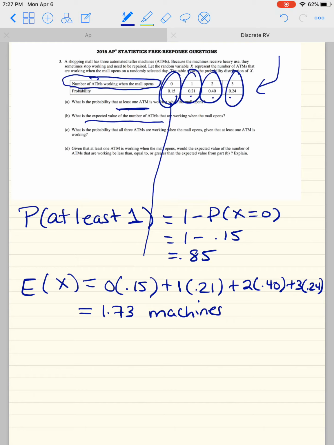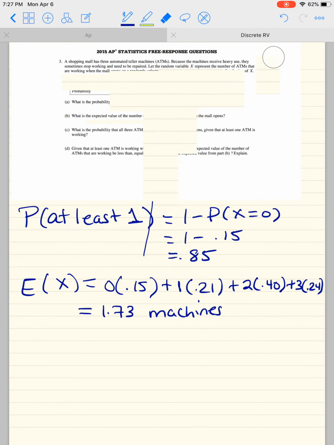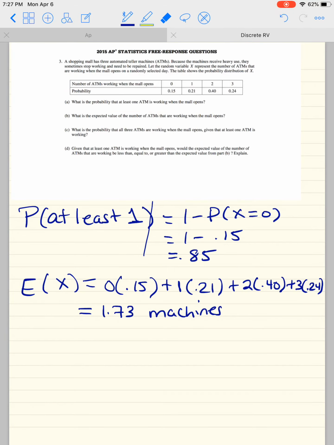Now this part is a given. It says, what is the probability that all 3 ATMs are working when the mall opens, given that at least one ATM is working? The reason why this given is different than our other given type problems is because this is in a single row as opposed to a table. So there's no overlapping.